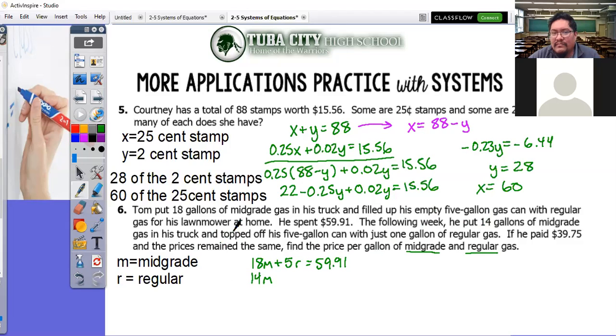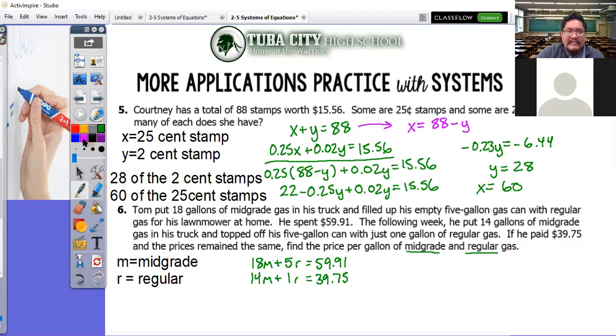Maybe he only used 1 gallon and then filled it back up to full at 5 gallons, but he only put 1 in there. That also got me a little confused, because it didn't say it was empty, so it probably wasn't empty. Anyway, the second week was 39.75. So now we have both equations for the first week and the second week.